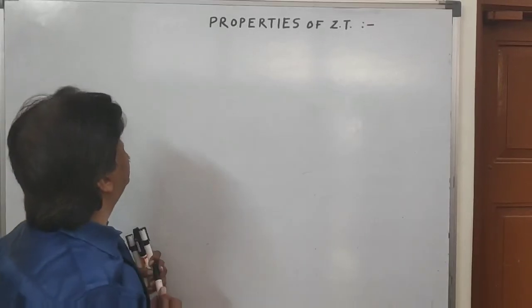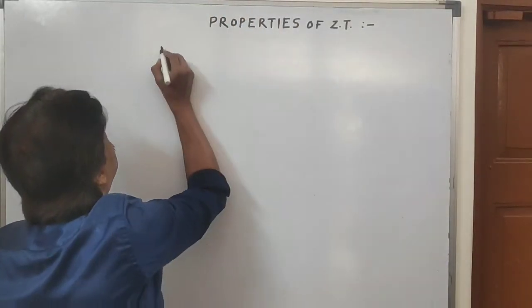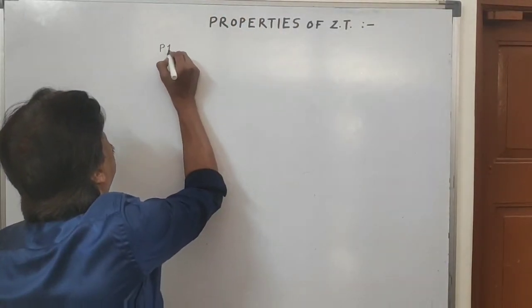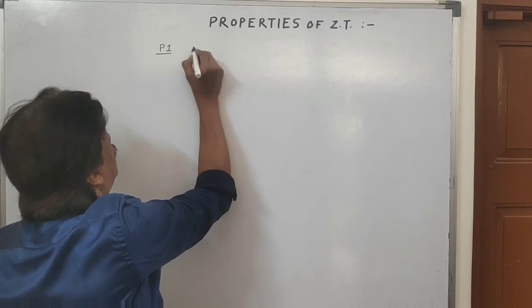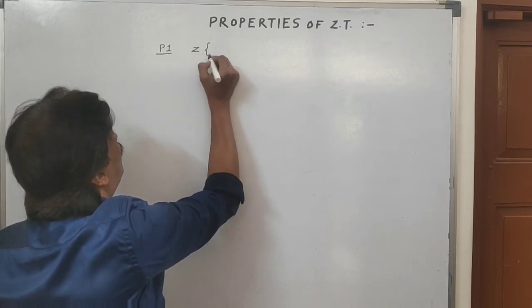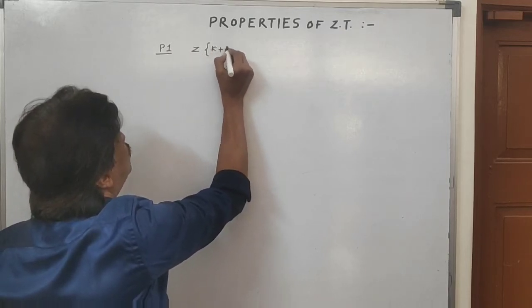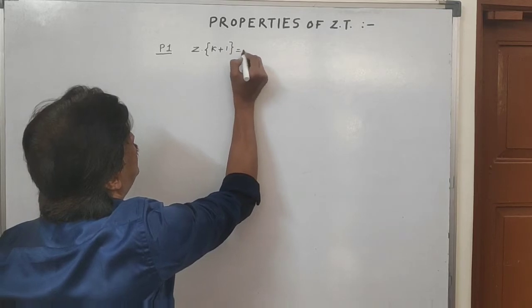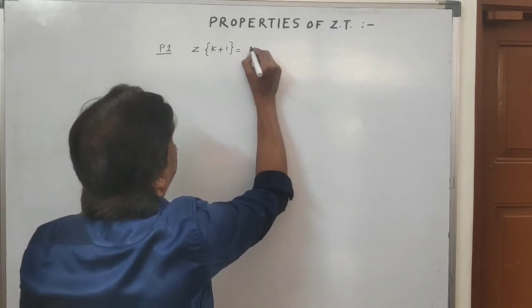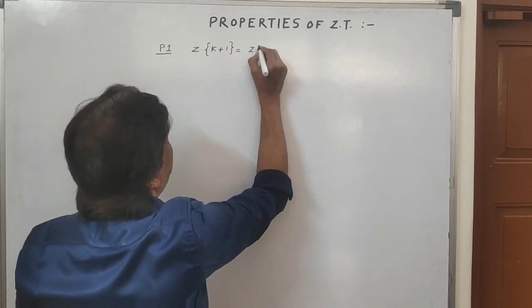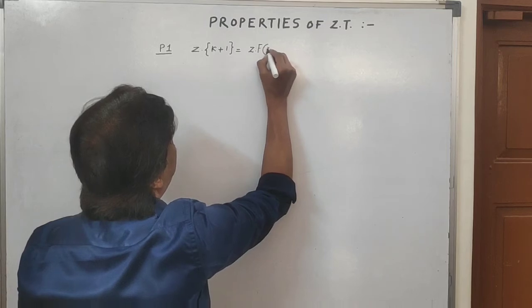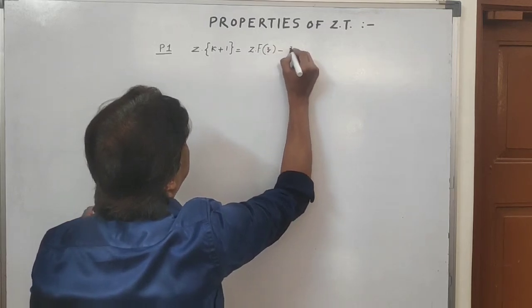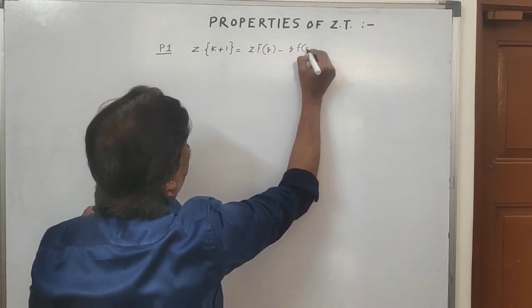The first property. Z transform of f of k plus 1 is equal to z times Z transform of f of k minus z into f of 0.